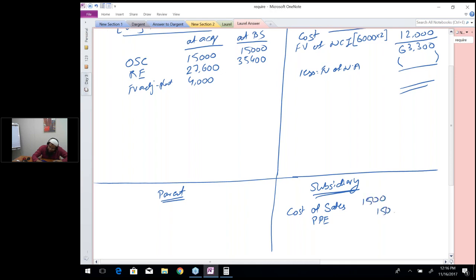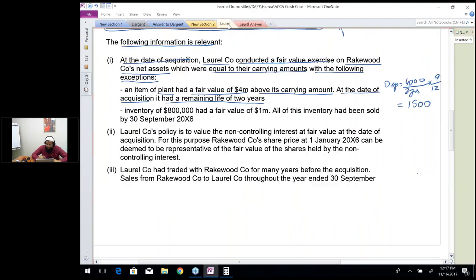Or you can even write only a single impact, that we have to increase the cost of sales, because property, plant, equipment has no link with the income statement. This is something relevant to the balance sheet, but we can write it over here. So it's your call, either to write a single entry, debit cost of sales, that's it, or complete the double entry, debit cost of sales, credit property, plant, equipment. Any confusions with 1,500?